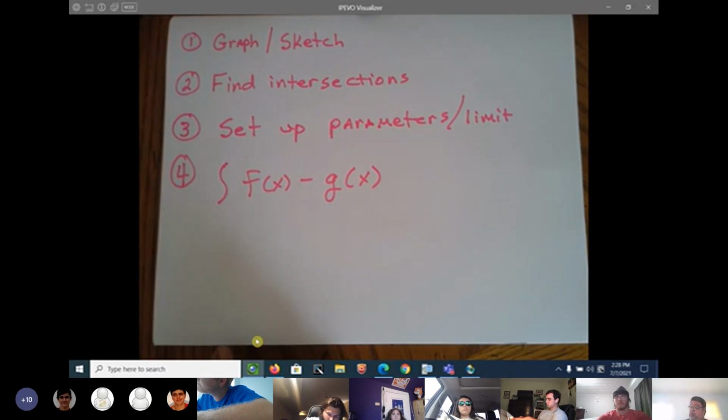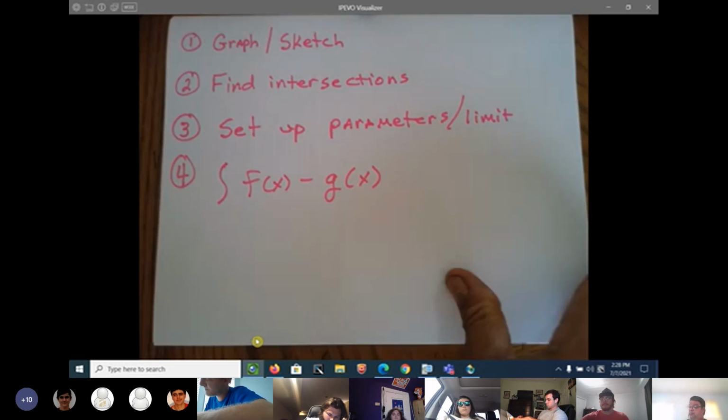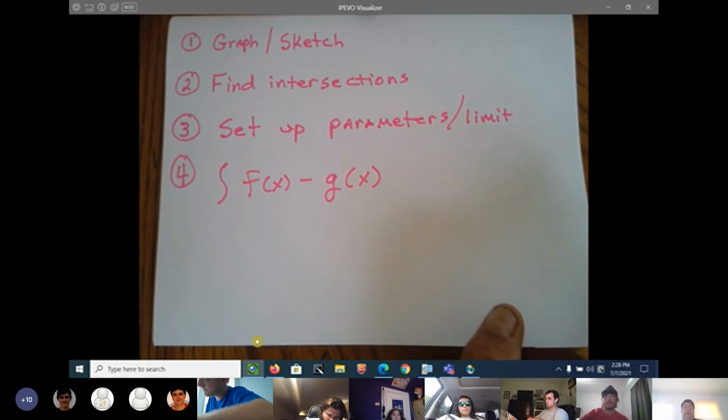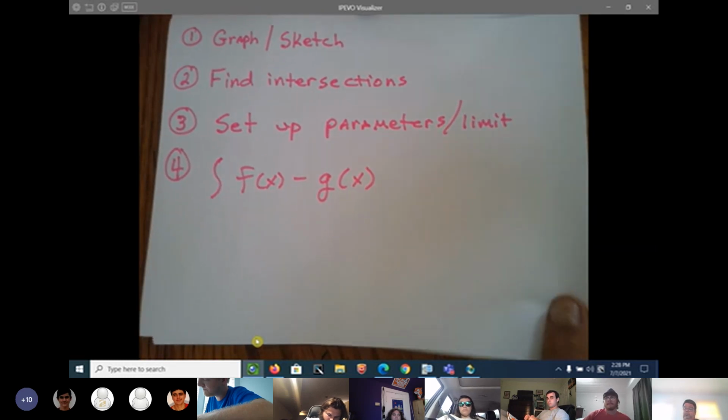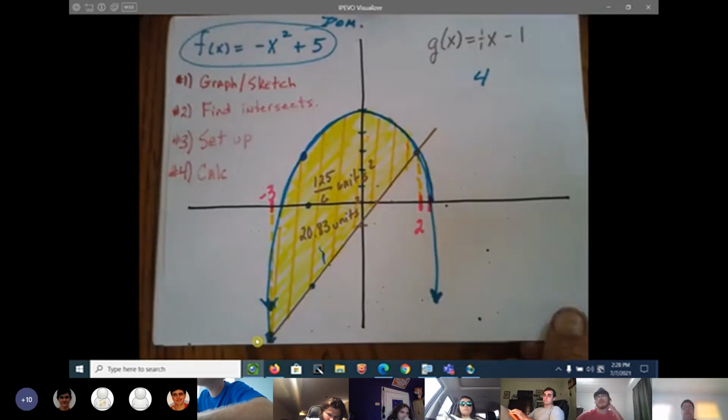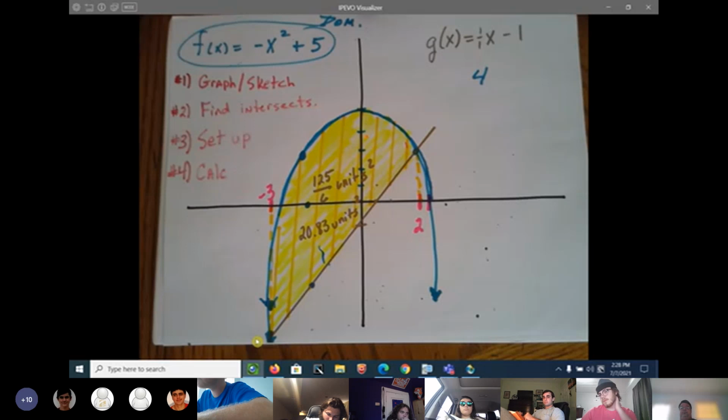Now, let's take our two curves that we've gotten. I'm going to give everybody a second or two more to copy that down. And I went ahead and sketched the two curves. There's the two curves.